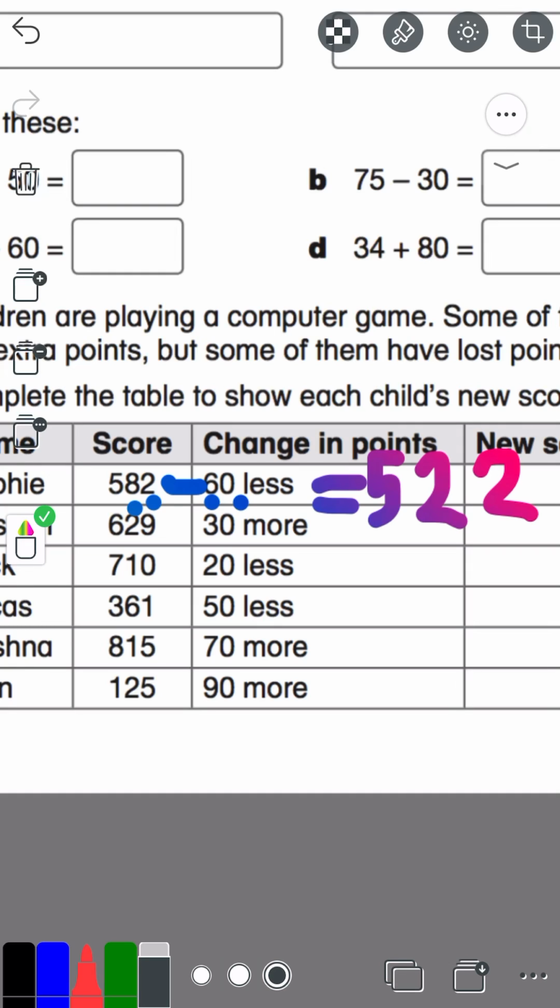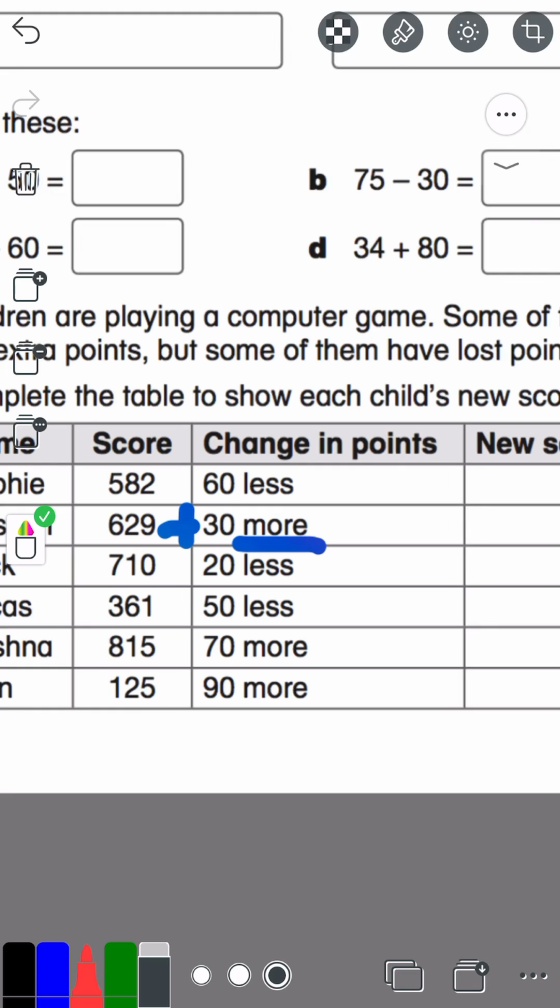So subtract the ones from each other, the tens and the hundreds. And if you couldn't make the subtraction, you can count back. Here we have 30 more, so we are adding, because whenever you see the word more, that means we are adding. So 9 plus 0 equals 9, 2 plus 3 equals 5, and 6 plus nothing equals 6.